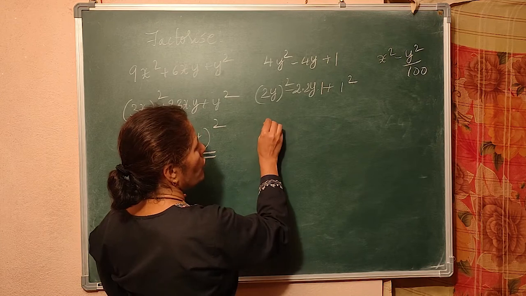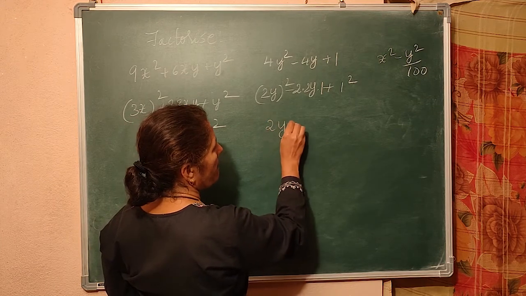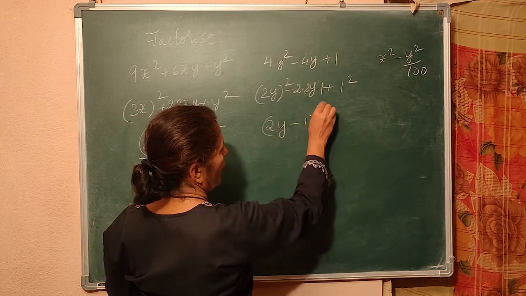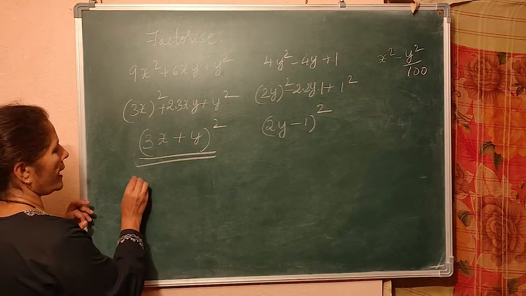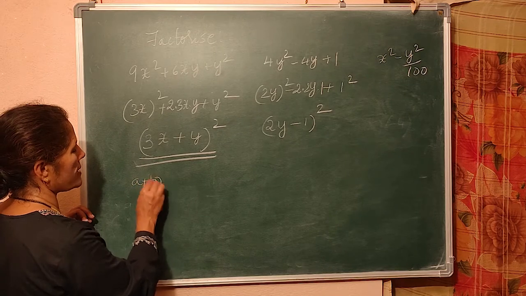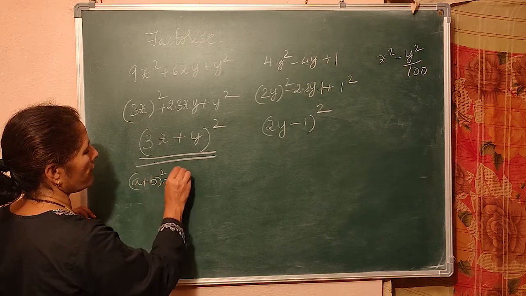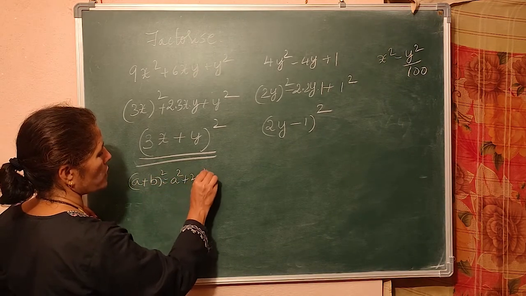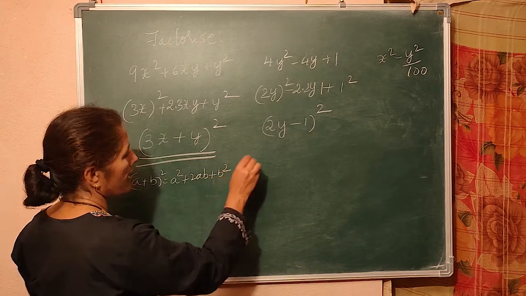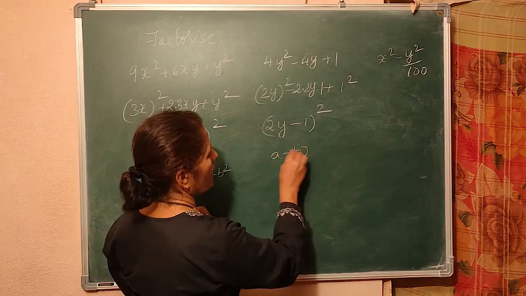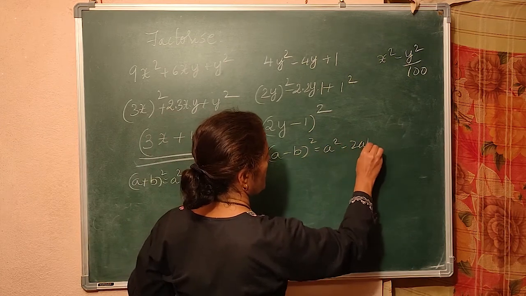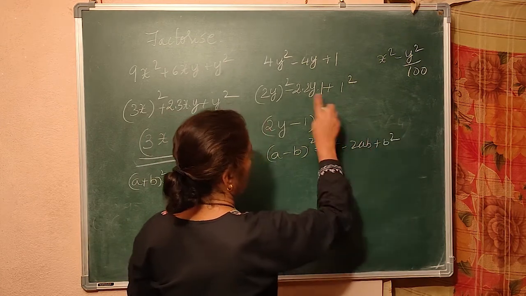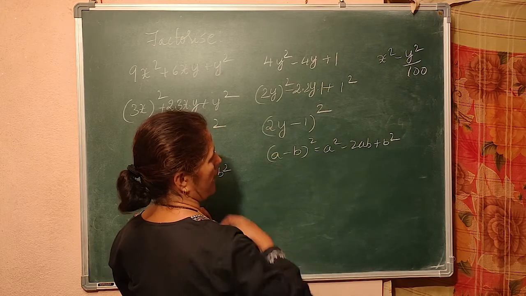So, I write down 2y minus 1 the whole square. If you want, you can write down the identity. Here a plus b the whole square is equal to a square plus 2ab plus b square. Here a minus b the whole square is equal to a square minus 2ab plus b square. See, it is given like that. You have to bring it to this side.